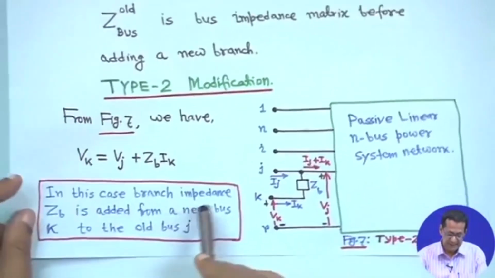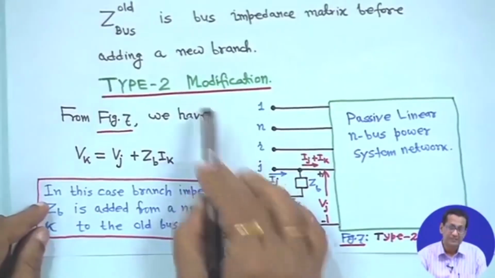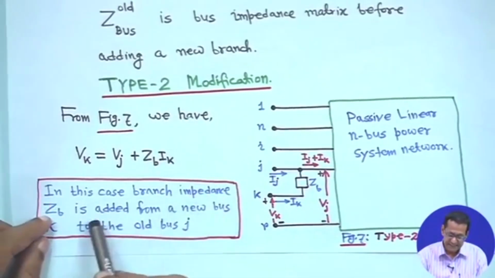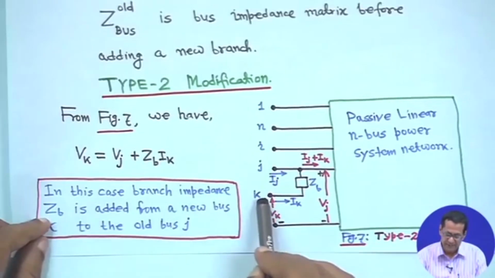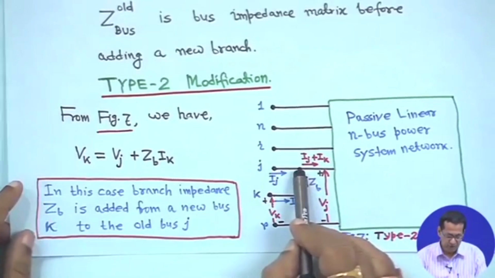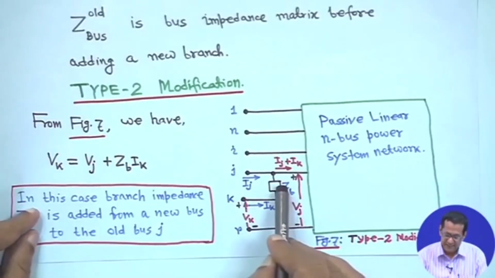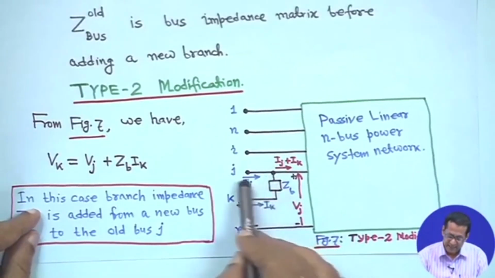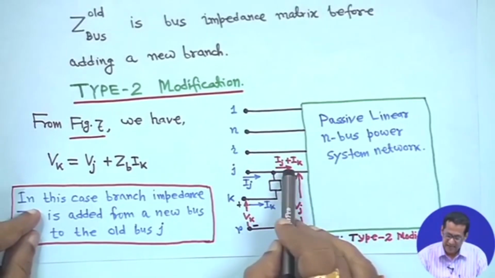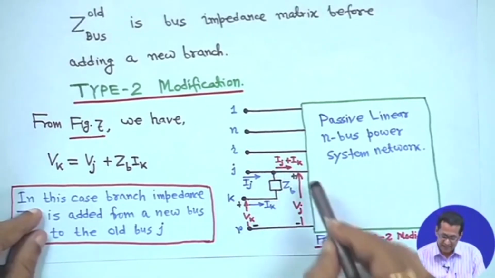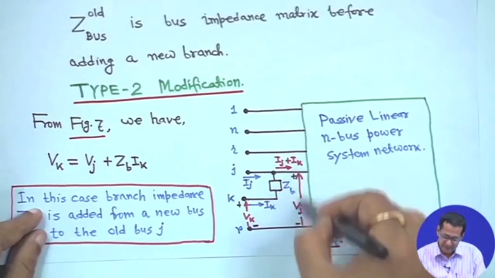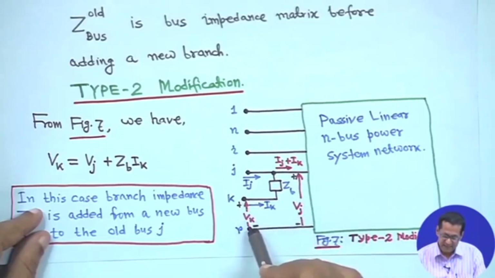That means this bus is added through impedance ZB, this current is IK, this is IJ. So, the current injection here is IJ plus IK, the voltage here is Vj and the kth bus voltage is Vk, right.